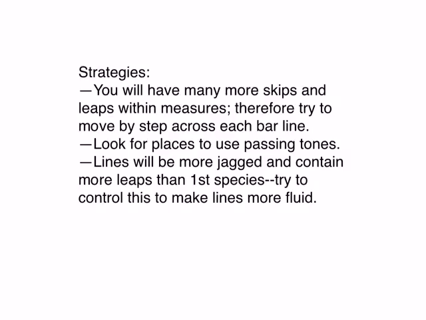Therefore, in order to balance that, when you're moving across the bar line, you try to move by step. Look for places to use passing tones. That will make things more conjunct or stepwise. These second species lines will be more jagged and contain more leaps than first species. Try to control this to make the lines more fluid.